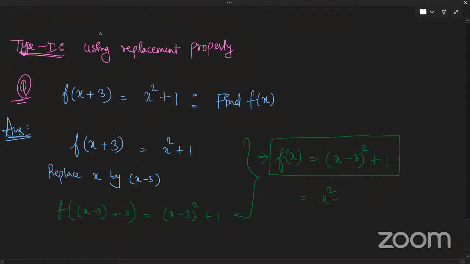You can open it. So it is x square minus 6x plus 10. Fine. ठीक है. ओके ग्रेट.